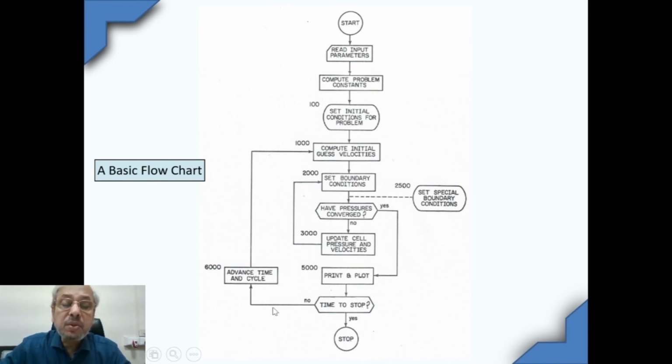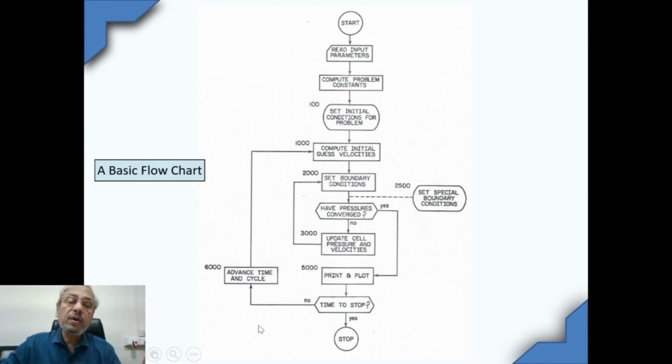So one is the outer loop to advance the time cycle from n to n plus 1, n plus 2, n plus 3, and another is the inner loop, where for a given time step we have to get a converged velocity and pressure field.